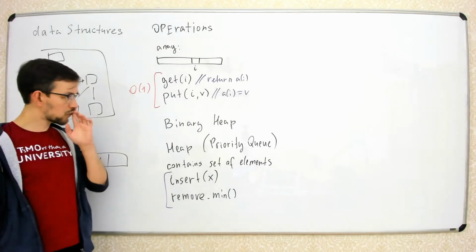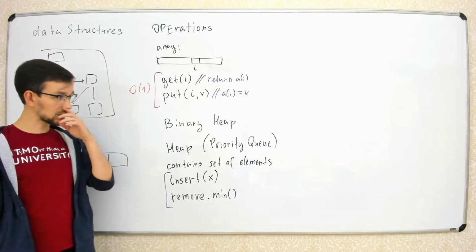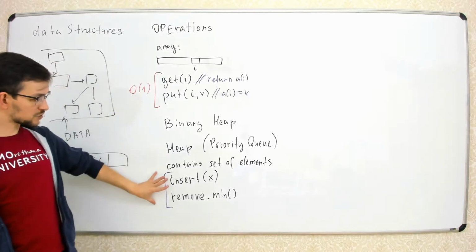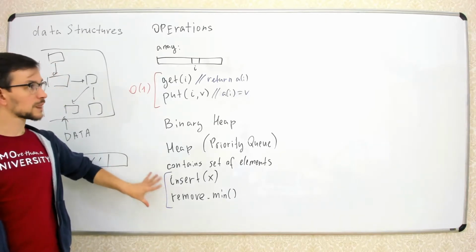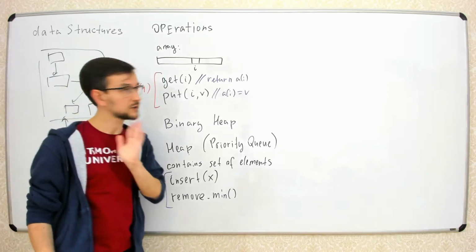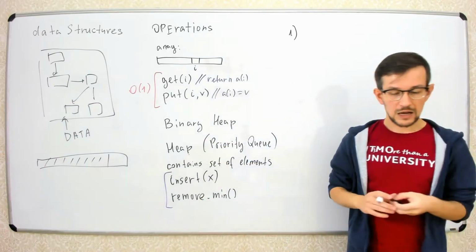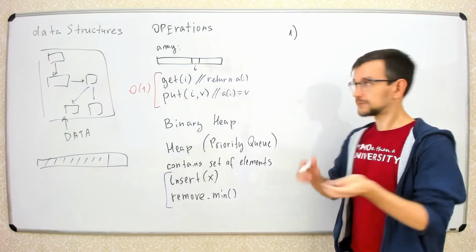Now, before we learn how to make a real binary heap, we will learn how to make simple data structures which can do these two operations. First attempt will be to use the simple array.